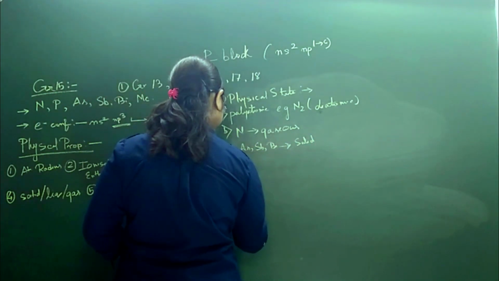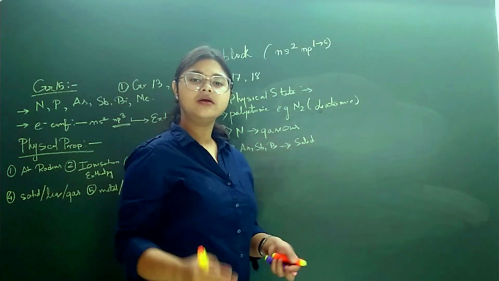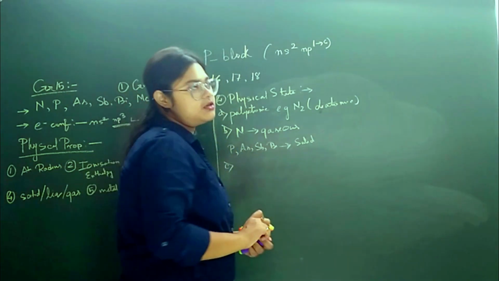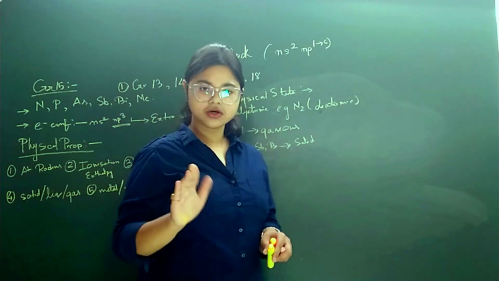Then the third point is whether they are non-metal, metal or metalloid. The metallic character increases down the group.